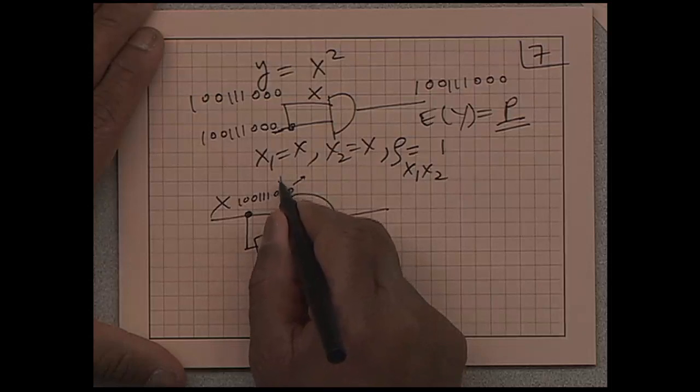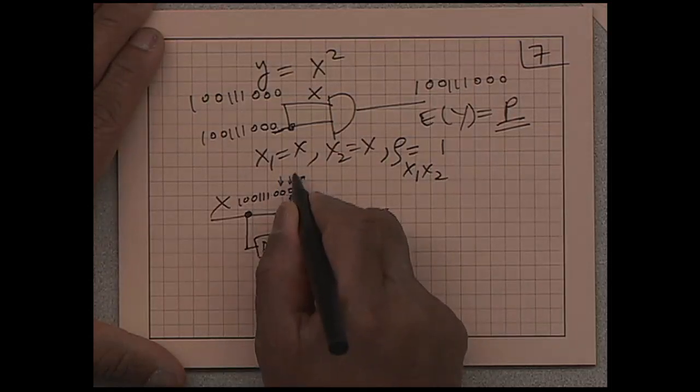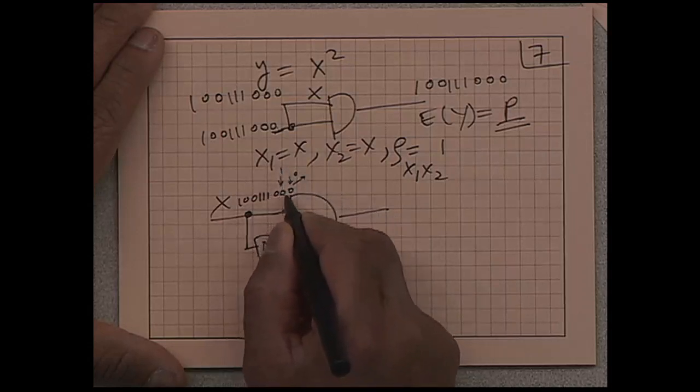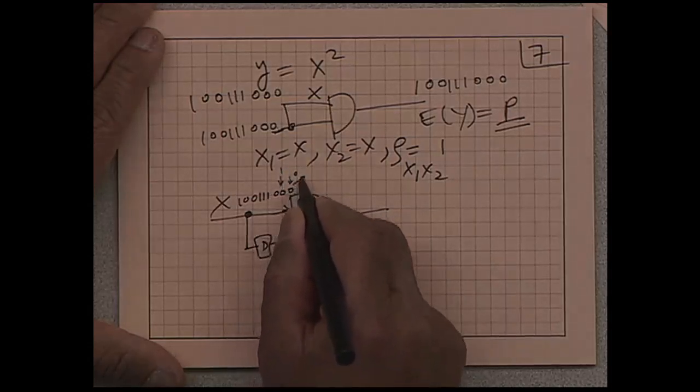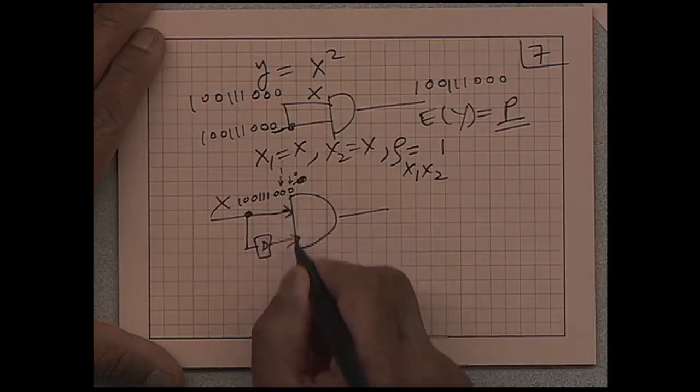Okay, I could call this clock cycle 0, clock cycle 1. So in clock cycle 1 I have 0, so I don't throw this away, that's not what I said. Okay, in clock cycle 2, so I have 0 and that's 0.